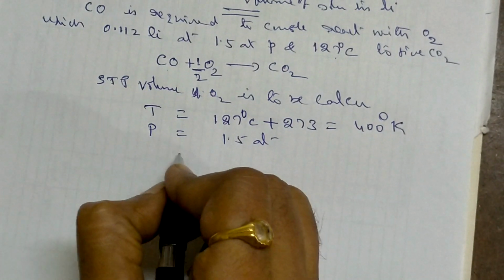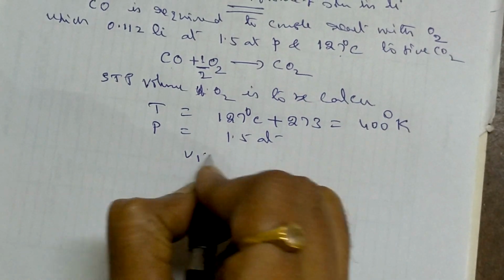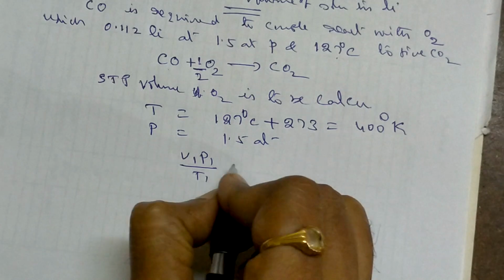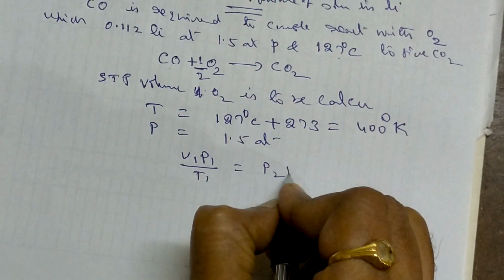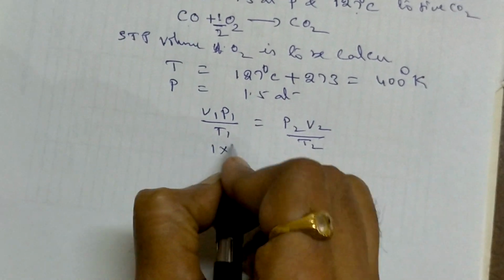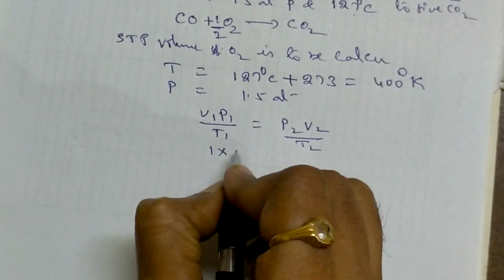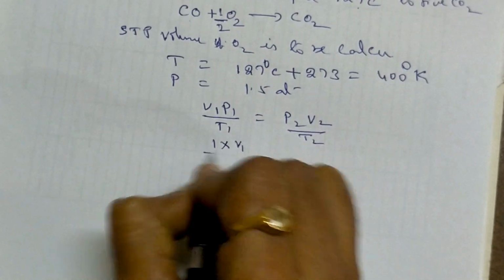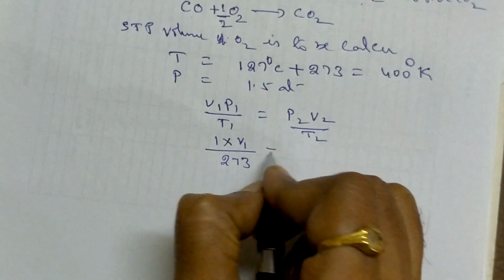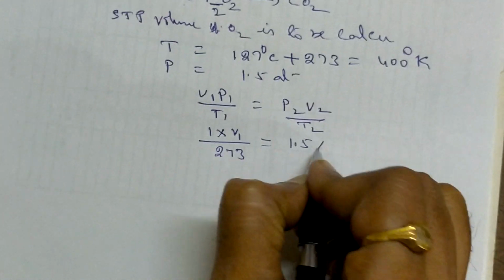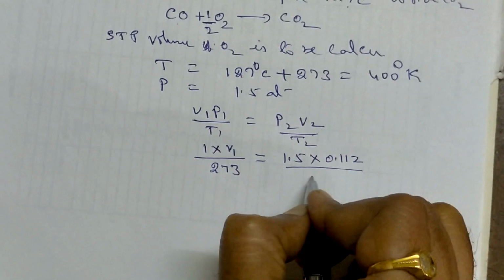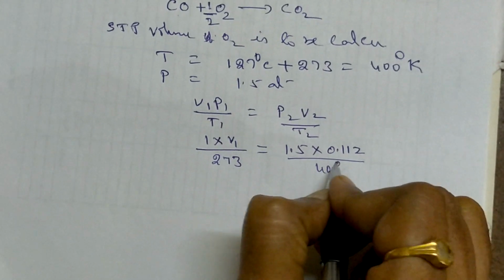So the simple formula: P1 V1 by T1 equals P2 V2 by T2. P1 is 1, V1 is to be known, T1 is 273 at STP, P2 is 1.5, V2 is 0.112 liters at 400 degrees Kelvin.